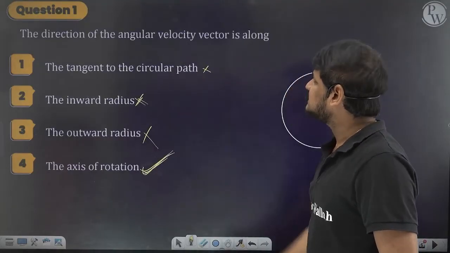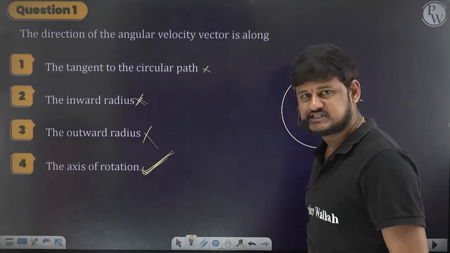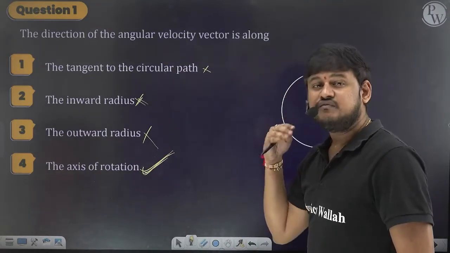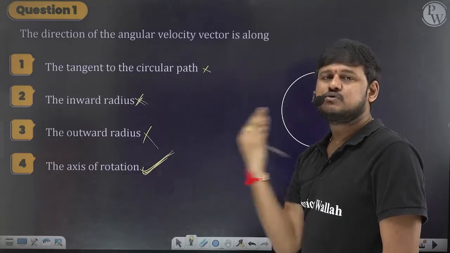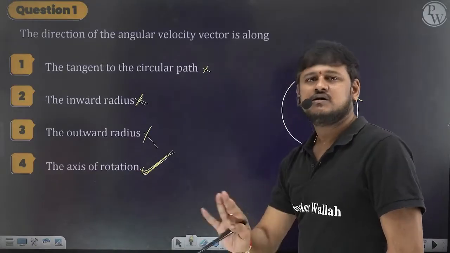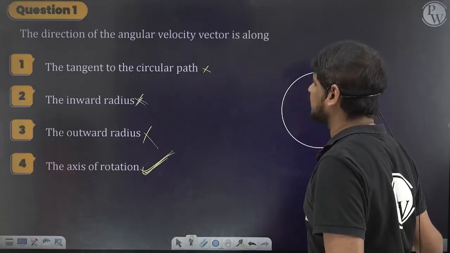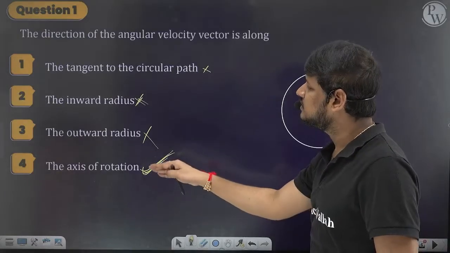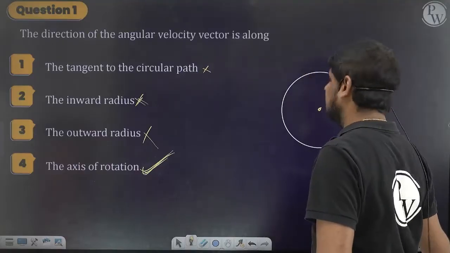Along the axis of rotation, the angular velocity will be there, and theta also will be along the axis of rotation, and alpha is also along the axis of rotation, but whether it supports omega or opposes omega depends on the body's speed. Clear? Or torque. When you understand the torque topic, then you can understand the direction of alpha clearly, right?